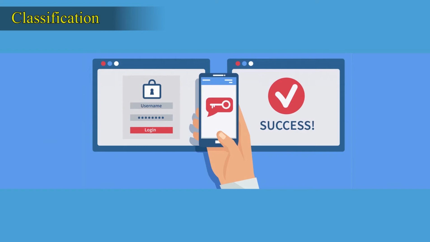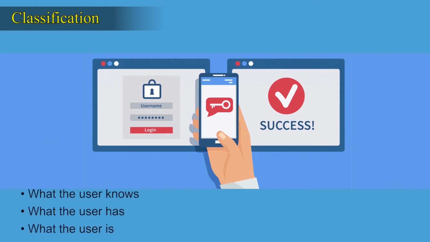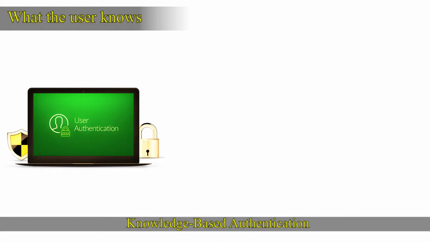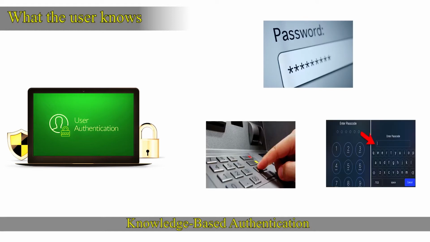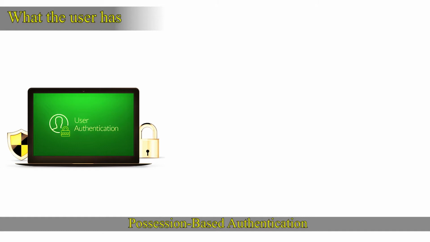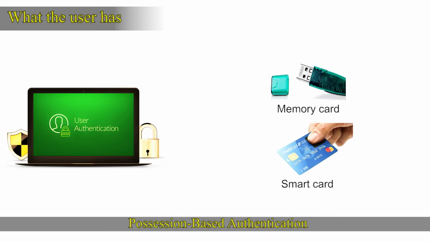The authentication approaches can further be classified into three types based on what the user knows, has, and is. We'll see one after the other. What the user knows: this is the knowledge-based authentication method, for example, your passwords, PIN, passcodes, etc. What the user has is possession-based authentication, for example, the memory card, the smart card tokens.